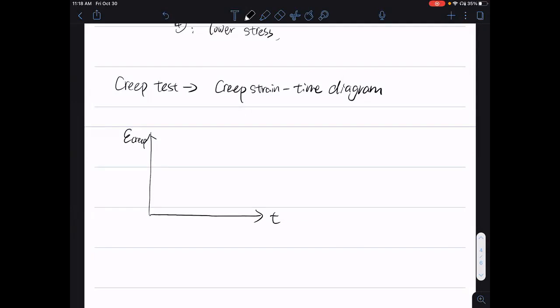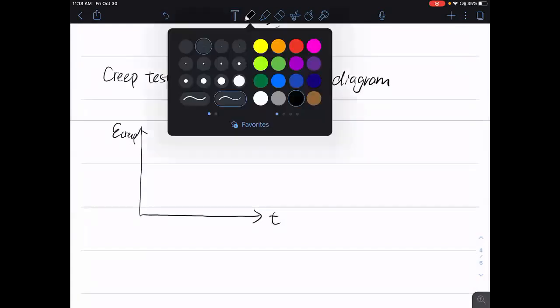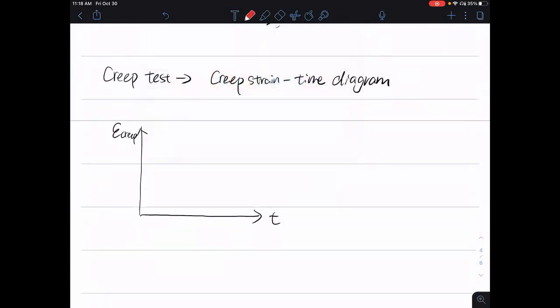No units? Yeah, that's unitless. There's no units for strain. Okay, so the typical creep strain time diagram looks like this. It's a nonlinear curve.